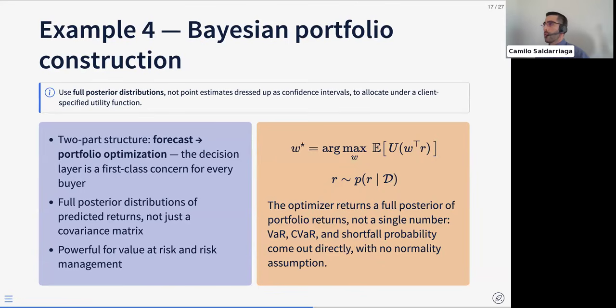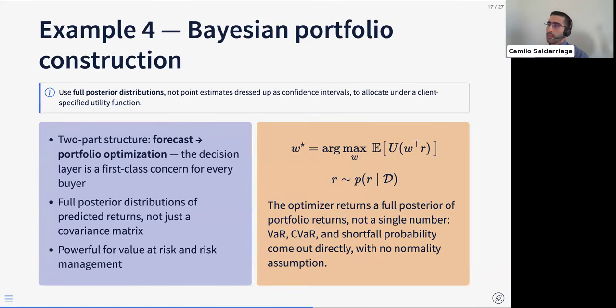But we also have other showcases, for example, in portfolio management, where this is extremely powerful, and we handle this approach in two steps. The first one, which is not very different from the ones Juan presented, is that we need to forecast the expected returns. What do we think is going to happen with future returns?